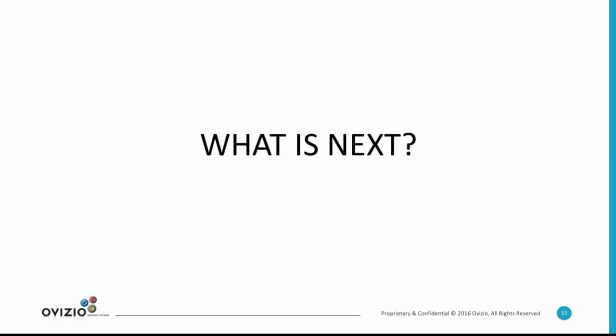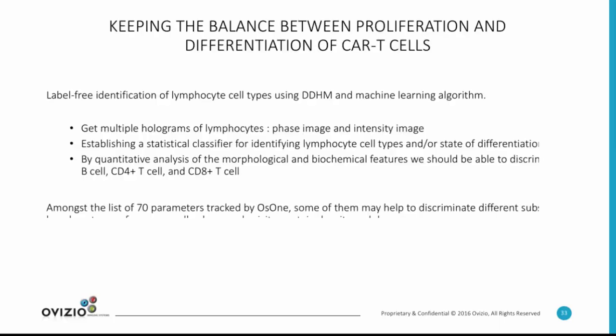Now, I will go to the last slides showing what is next. So what is in the pipeline for the short future, where we would like to keep the balance between the proliferation and differentiation of CAR-T cells. So label-free identification of the lymphocyte cell types using our holographic microscope and machine learning algorithms.